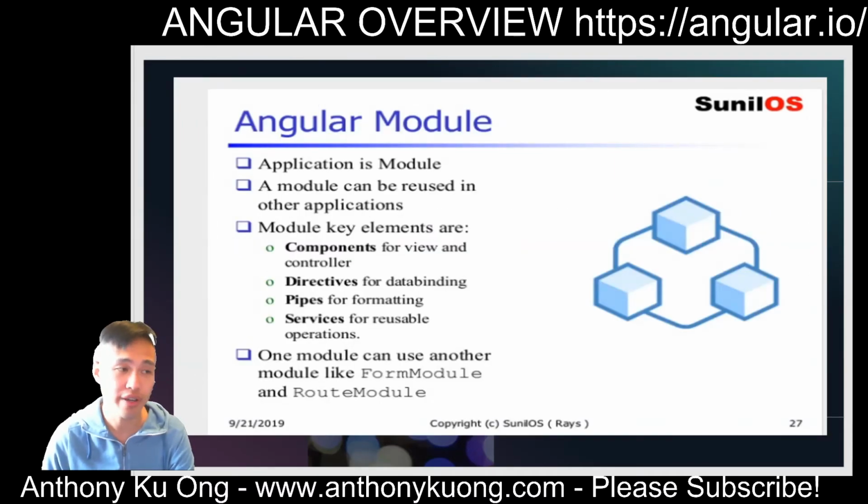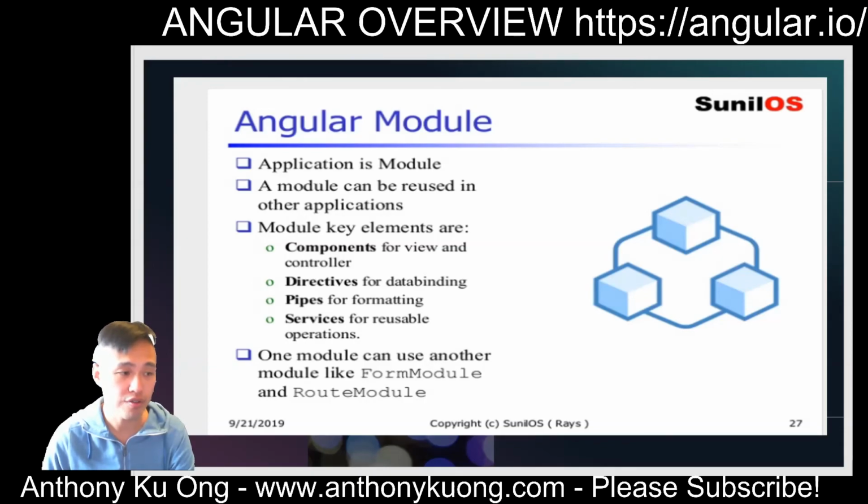So again, to recap, every single Angular project is made out of a series of modules, in which you need at least one root module to bootstrap the application. Each module will contain components, directives, pipes, and services. Directives are used for data binding, as you saw previously.